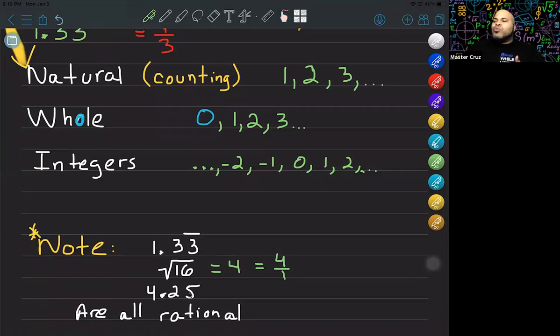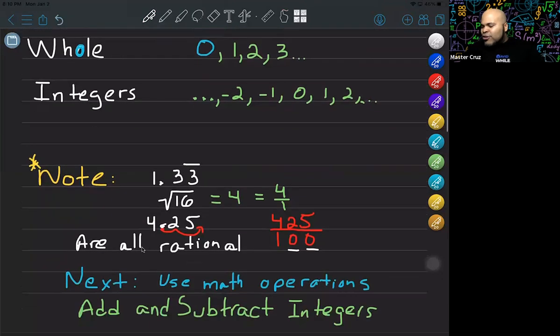Can 4.25 be written as a fraction? Yes, it can. It's a rational number. Do you remember how to convert it? Are you able to convert it before I do it? Try your best. You'll have to move the decimal point twice to the right. So that will be 425 all divided by 1, and then because I moved the decimal point twice, I'm going to have 2 zeros at the end. Dos ceros, mi gente. All right, perfect. That's how you do it.